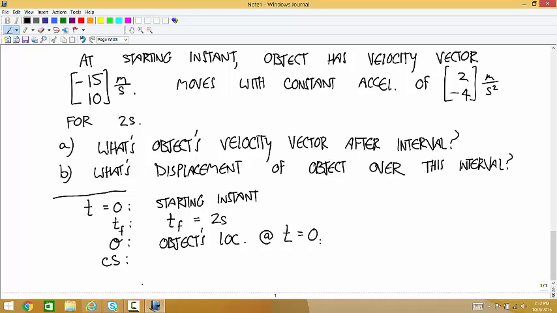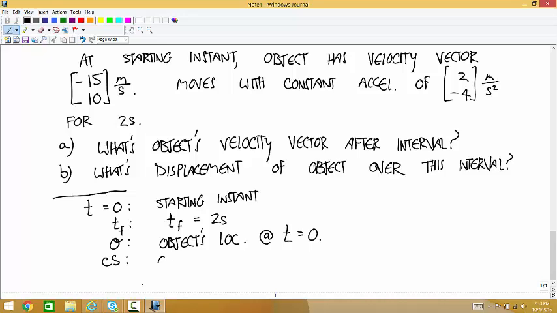And now the coordinate system. This is the thing that's different about this problem. When I first introduced the idea of position vectors and velocity vectors, or even when I first introduced vectors at all, I said before you can put a vector into components, you have to choose the coordinate system. Okay? Well, this is given with vector components.